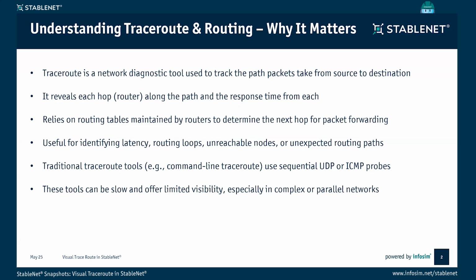So behind the scenes, every router uses something called a routing table to determine where to send the next packet. These tables are built dynamically using routing protocols and are crucial for delivering data efficiently across the internet or a private network.